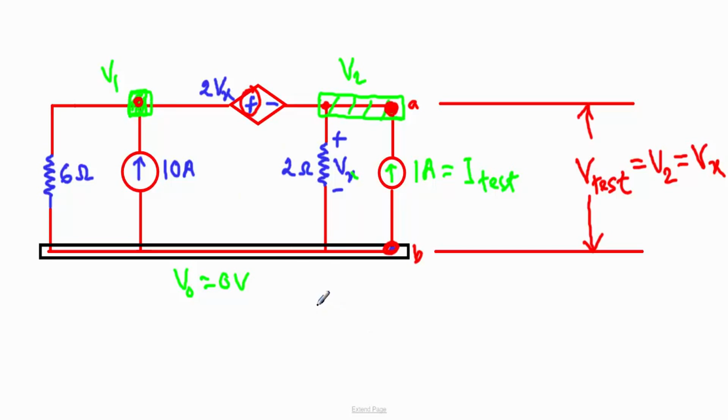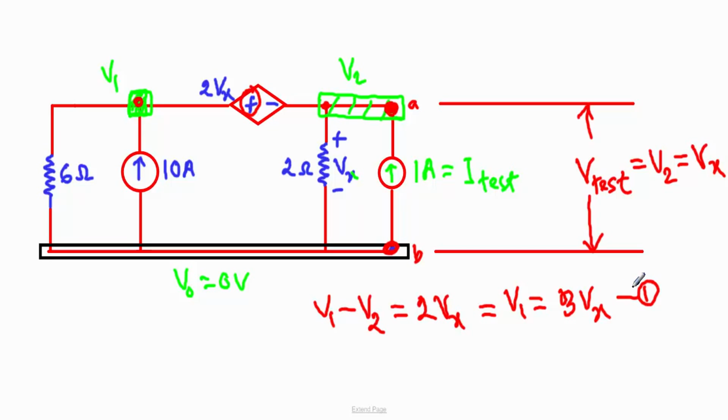So I will write V1 minus V2 equal to 2Vx. Here Vx equal to V2, so I can write V1 is equal to 3Vx. This will be our equation number 1.